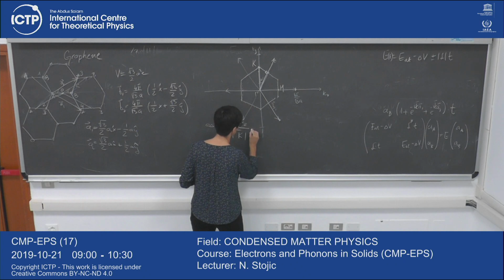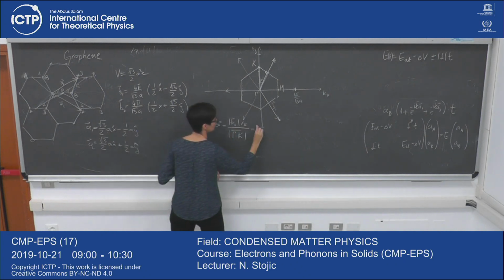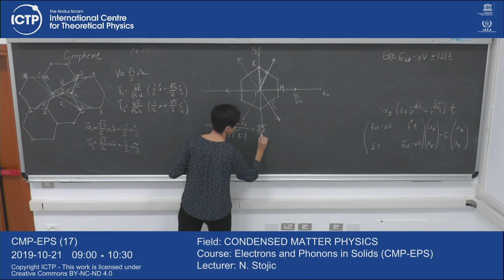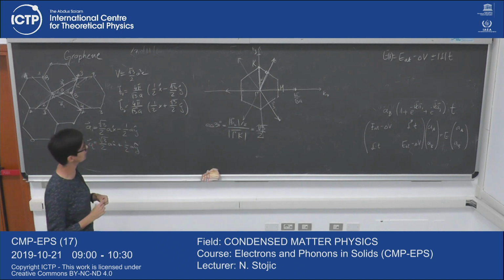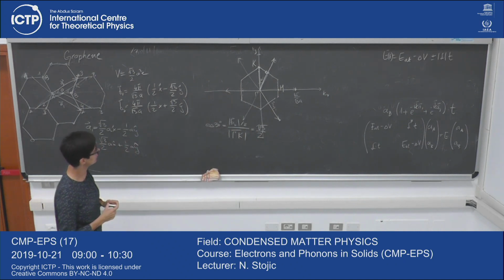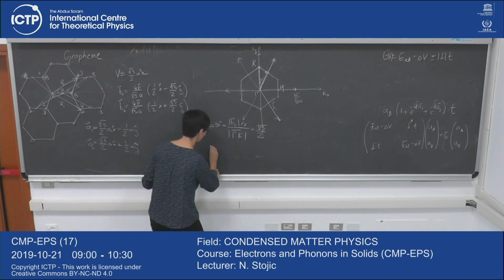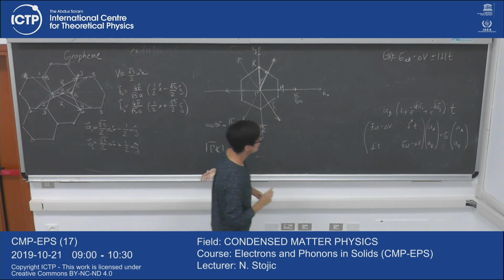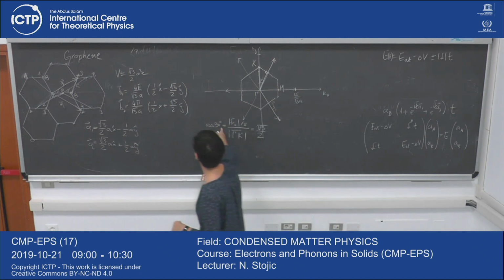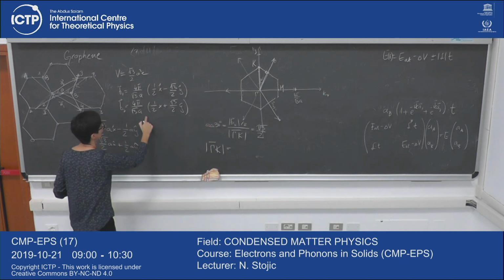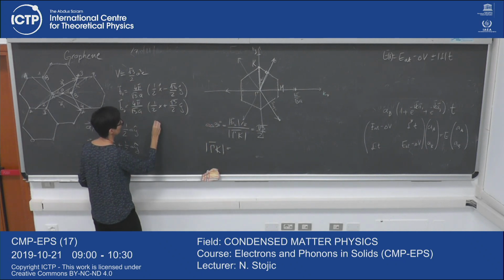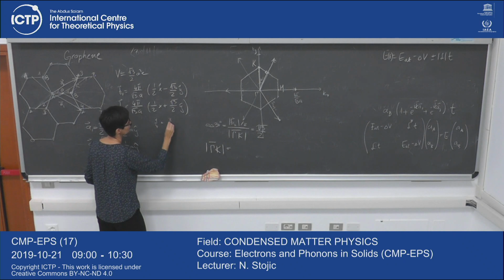And this is equal to root of 3 divided by 2, cosine 30. If I make any mistake, please correct me. It's very easy to make a mistake here. Gamma K is equal to B2, the absolute value here. The absolute value is this times 1/4 plus 3/4.